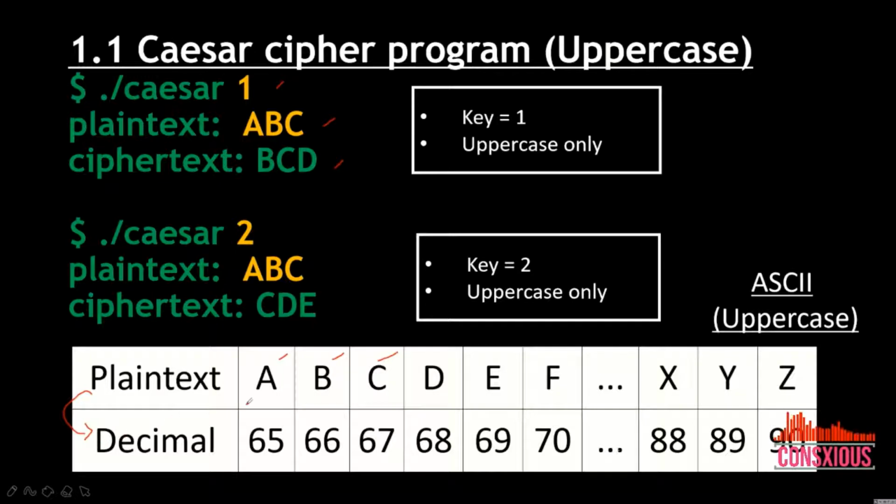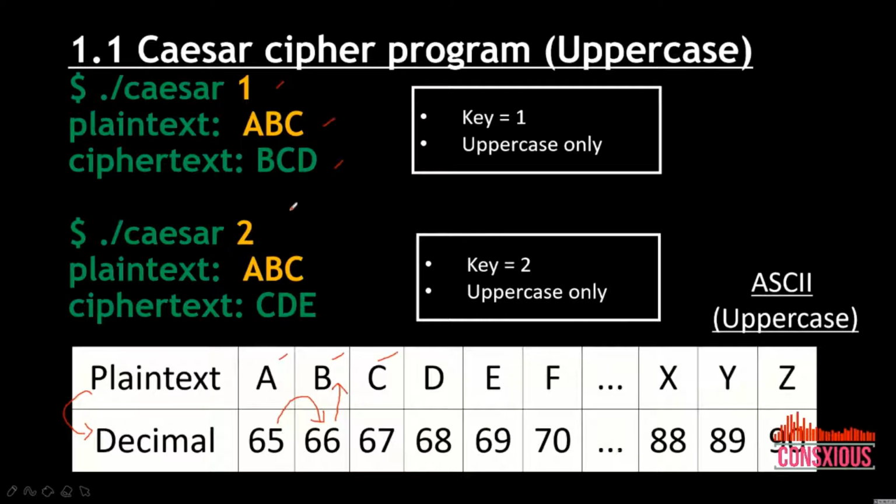So the decimals for ABC are 65, 66, and 67. So when the key is 1, the A will convert to 65, and the 65 will plus 1 into 66. So the 66 will look to B. So that's how we get A to B, B to C, and C to D.